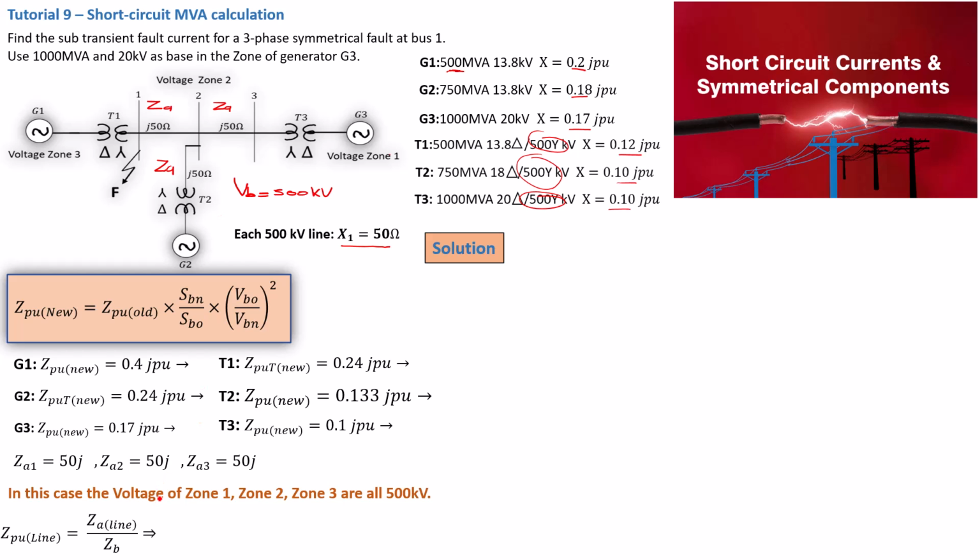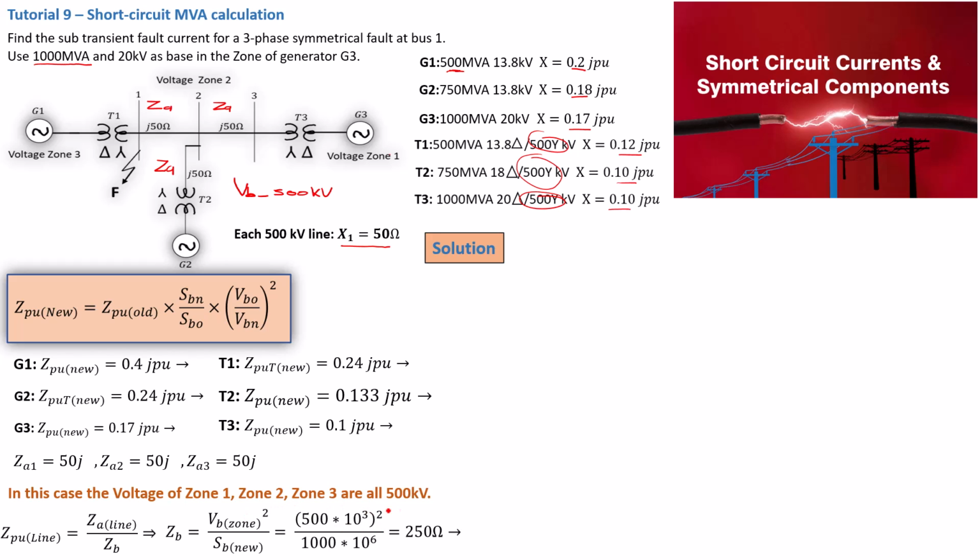So now ZB, that is a simple situation also, because VB here is 500 kilovolt for all transmission lines. So we can deduce that ZB is equal to VB zone squared divided by SB. But the VB zone here is 500 kilovolt for all the zones, and SB new is the 1000 base MVA that we needed to use there.